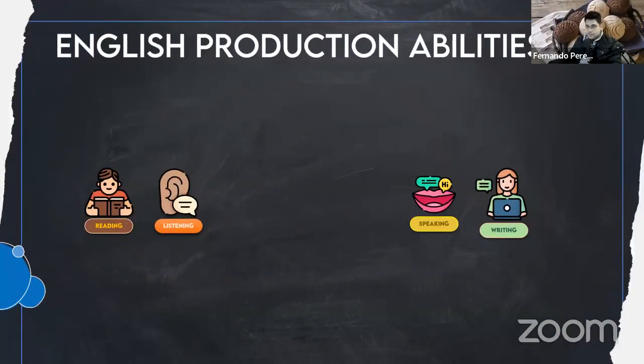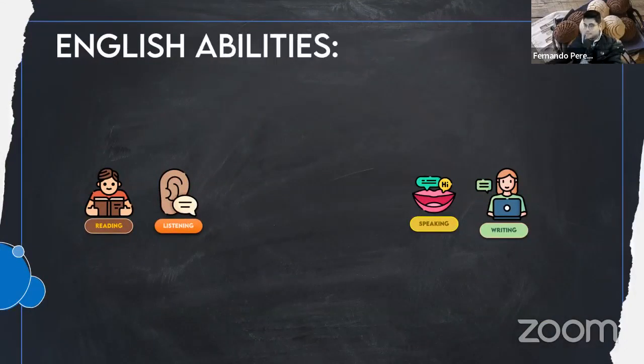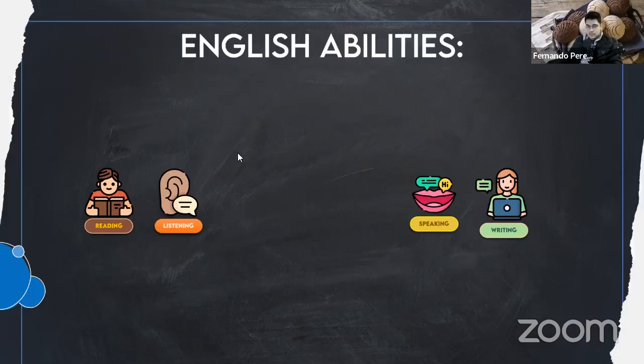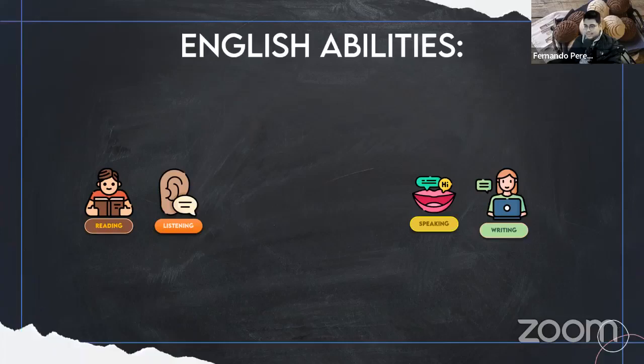In English, there are 4 abilities, right? There are reading and listening, and speaking and writing. Reading and listening are perception abilities, the ones that are comprehension. Because when you are reading, you are comprehending. When you are listening, you are understanding.